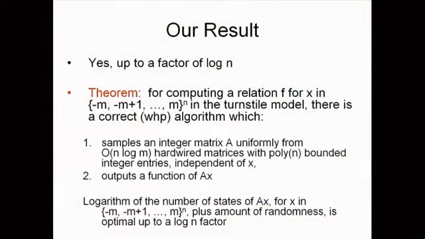What we show is that actually the answer is yes, up to a factor of log n. The optimal space algorithm does have the above form. Let me qualify that by formally stating the theorem, because there are some caveats. The theorem is as follows.